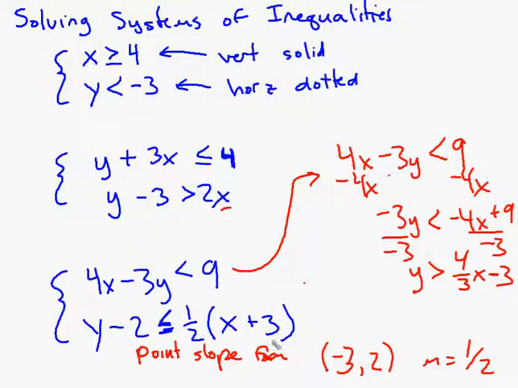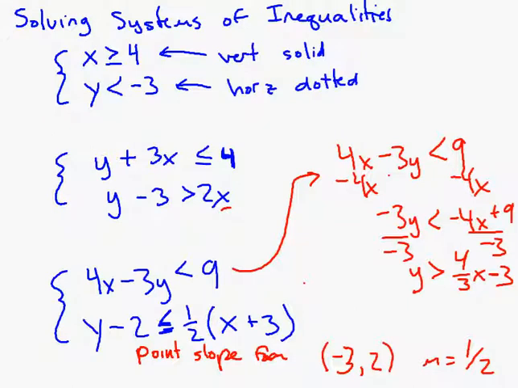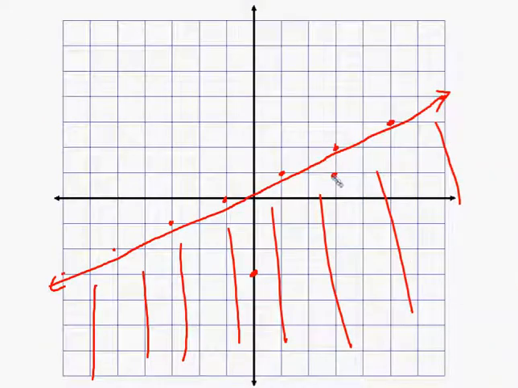Okay. And the other line, I've solved for y, so I'm going to graph. My y-intercept is negative 3. And I'm going to go up 4, right 3, I believe. Yep, 4/3. And that one will be dotted.